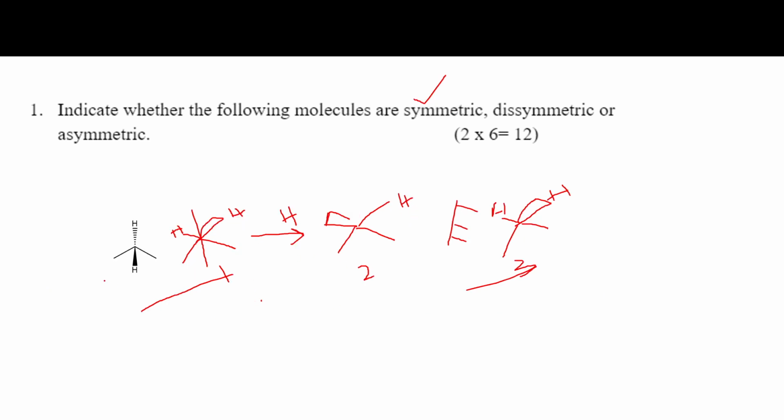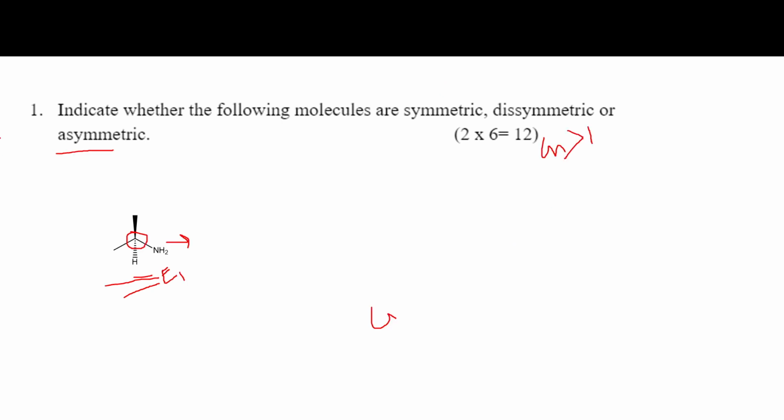The next one is also an example of a symmetric molecule. So this is a chiral molecule. Chiral molecules are never symmetric. So this is an example of an asymmetric molecule.